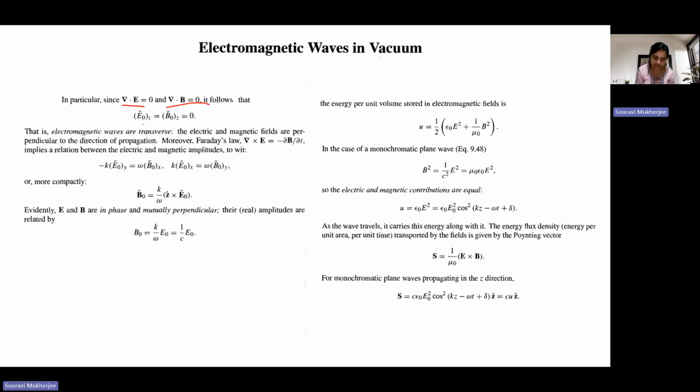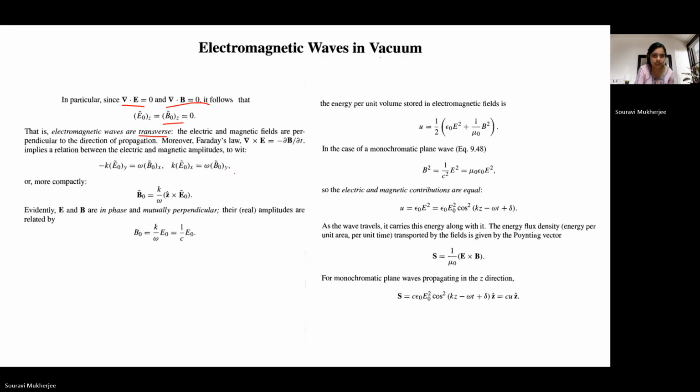Now the directions of these fields are perpendicular to the direction of propagation of the wave. That's why electromagnetic waves are called transverse waves, and that comes from here. As you can see, if you have a wave propagating along Z, the Z components go to 0 because divergence of E and divergence of B are both 0.